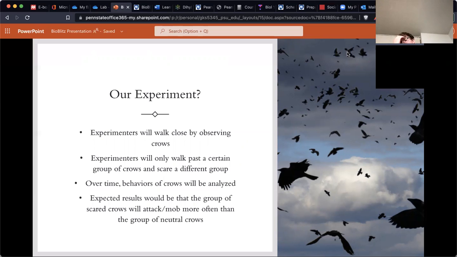So one group of crows, the experimenters will basically ignore, and the other group they will jump at, or they will suddenly make a move on to scare them, to make them fly away, to give them an association with that experimenter. So over time, their behaviors will be analyzed, whether or not they return with their group and mob the experimenter, or just they leave the experimenter alone.